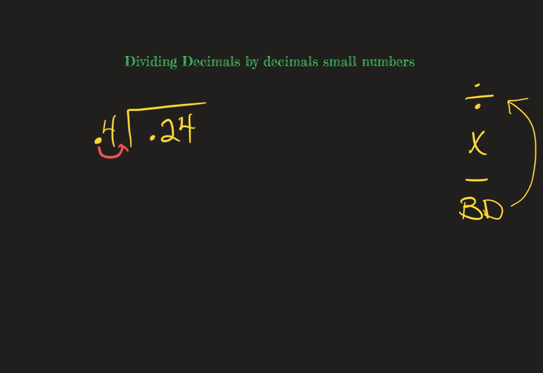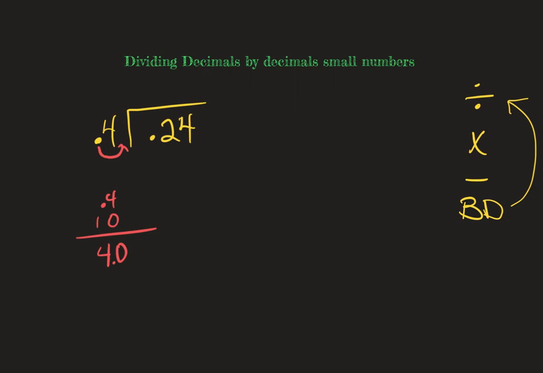Here is why. I can multiply 4 tenths times 10. Let me stack this up a different way. That gives me 40 with 1 decimal place. And that equals the whole number 4.